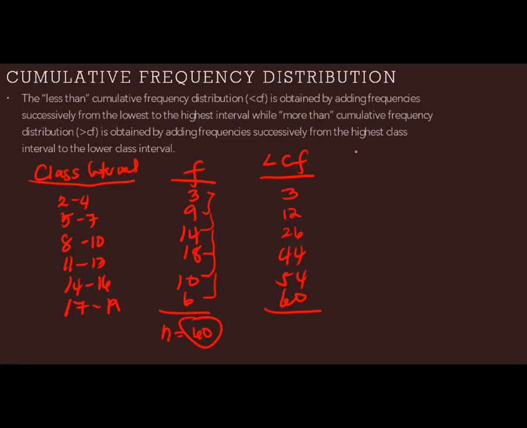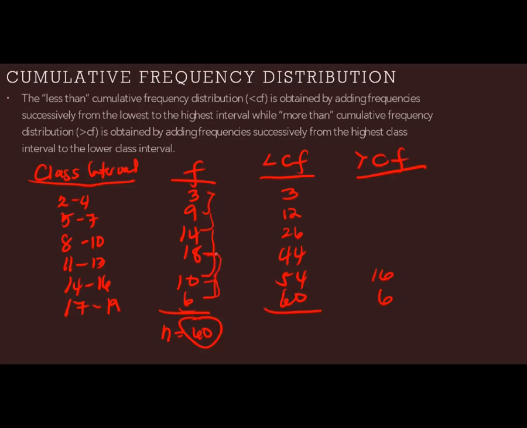And in looking into the more than cumulative frequency, we are going to start from the bottom. So first, we have 6. Then 6, we have to add it again to the next, 10. So we have 16.